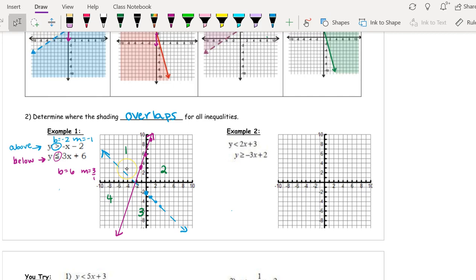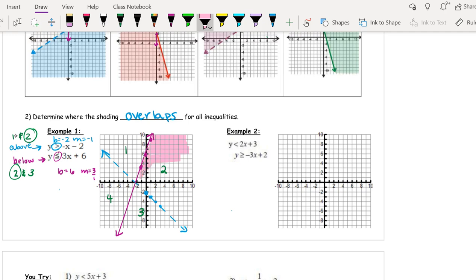So above the blue line is regions 1 and 2. Below the purple line is regions 2 and 3. Well, what's the overlap? If above is regions 1 and 2, and below was regions 2 and 3 for the purple, then the only one that's in there twice is region 2. So region 2 is my overlap, and that would be the region that I shade.